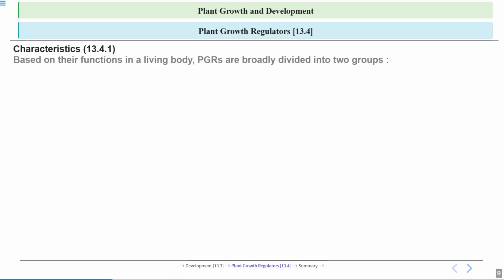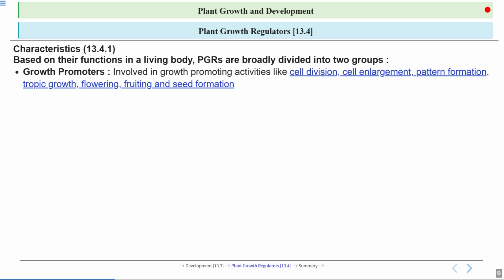Characteristics. Based on their function in the living body, plant growth regulators are broadly divided into two categories. Let us see. The first one is the growth promoters. The hormones that promote the growth, that increase the growth, like cell division, cell enlargement, pattern formation, tropic growth, flowering, fruiting, and seed formation.